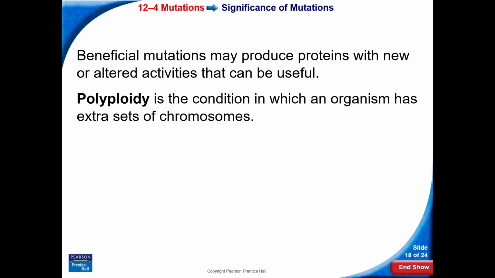Extra sets of chromosomes, or an extra chromosome, like I said before, just because you have one chromosome of a kind doesn't mean it's a benefit to have two of them, or three of them, or even four.